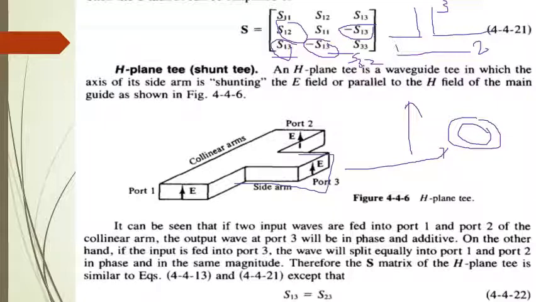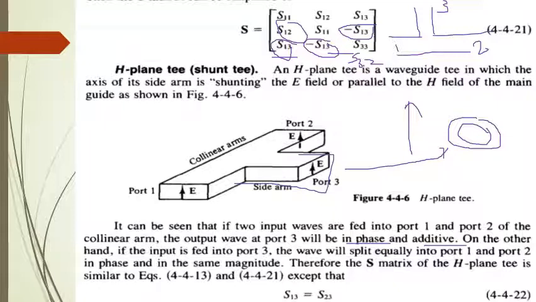You remember in E-plane T we said opposite phase. Here it is going to be same. I repeat, if signal enters to port 3 of an H-plane T, the signal will be divided into two signals of equal magnitude but same phase. What did I say? It should be always same phase. Please note this, it should be always in phase or same phase. Then only additive. Otherwise, this does not work.